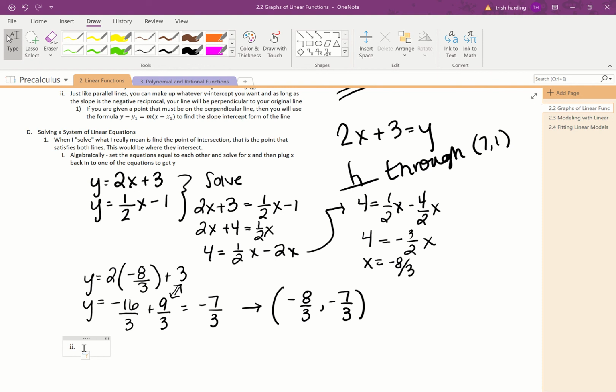And if you were to graph both of these, you would see that the point of intersection is -8/3, -7/3. So you can solve them algebraically or graphically. So that would be where the graphs intersect.